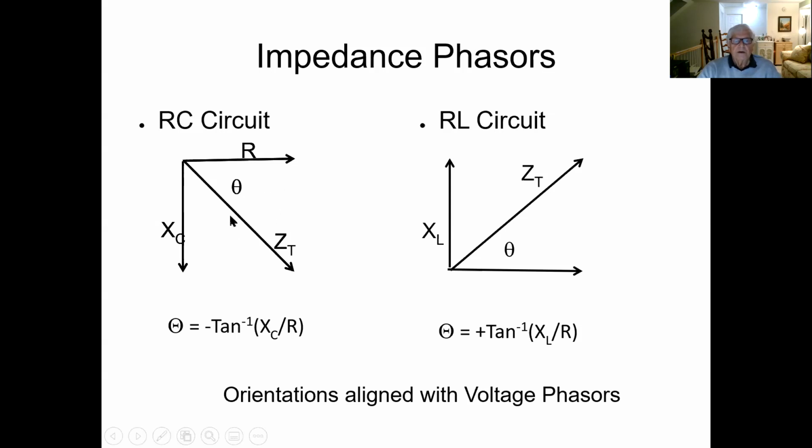We take R squared plus X squared, take the square root of that to give us our Z, our impedance. And similarly for an RL circuit, this would be R along here and XL up.